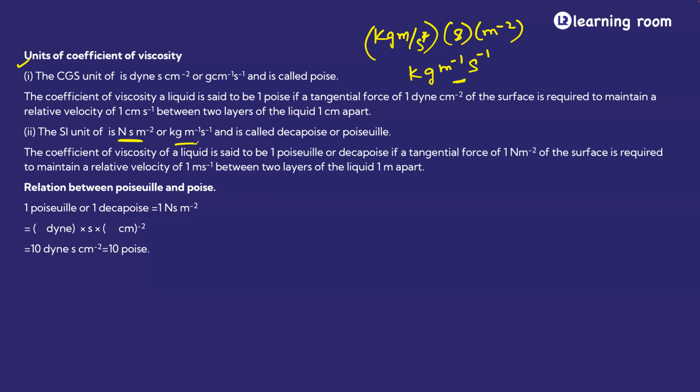This value Newton second per meter square has another name. Have you heard this? It's called decapoise. Poiseuille, in French actually, is pronounced differently.